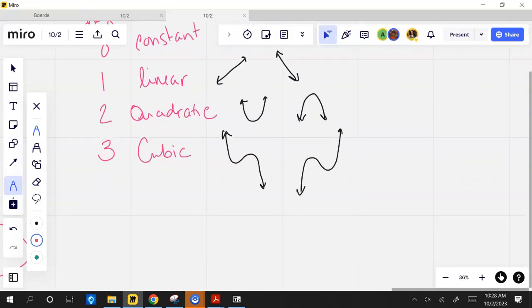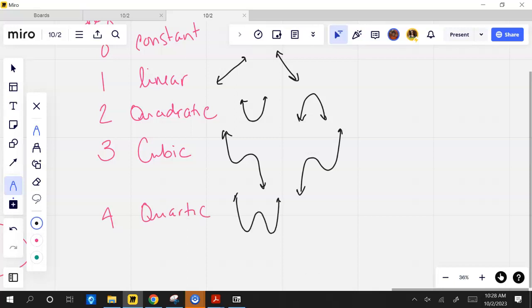All right, let's do degree of 4. What is it? Quartic. What do you notice is happening?